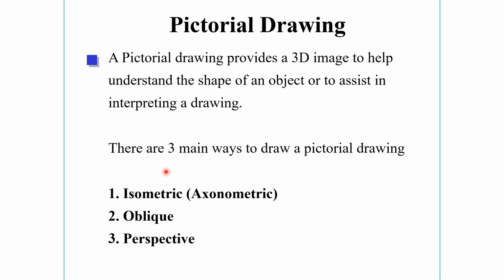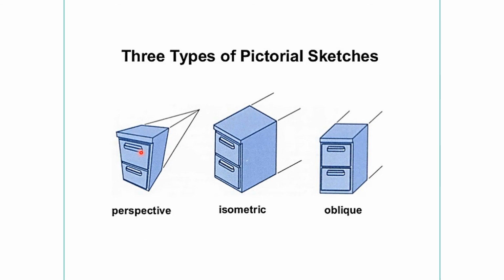One is isometric, that is axonometric drawing, second is oblique, and the third one is perspective. Three types of pictorial sketches: perspective, isometric, and oblique.